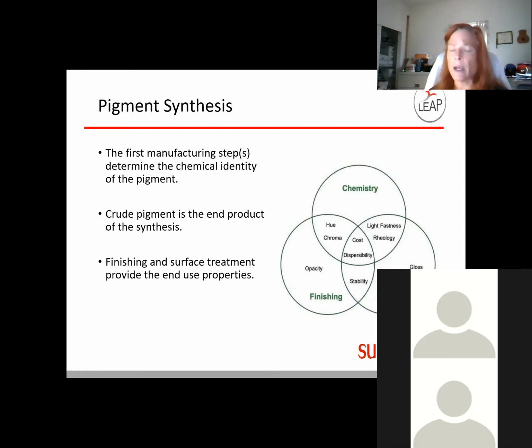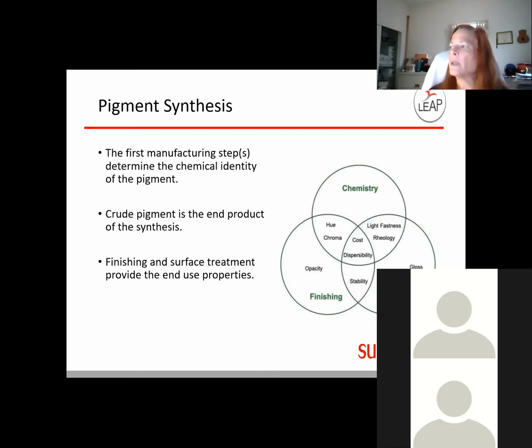And then once there, the end application determines what the finishing and surface treatments are used to complete the pigment process. And the relationship on the right-hand side of the screen talks about how the chemistry, the finishing, and the surface treatment steps of the process interact with each other to provide the physical properties of that particular pigment. So you can see how each one of those results in some part of the property portfolio of each of the pigments.